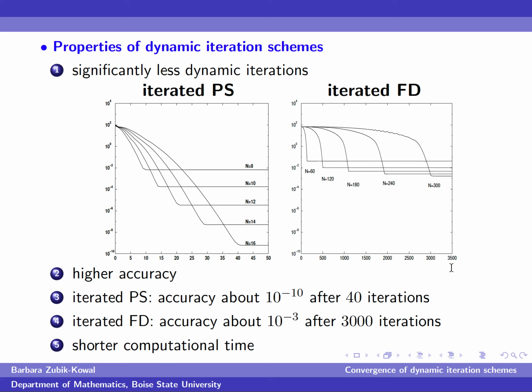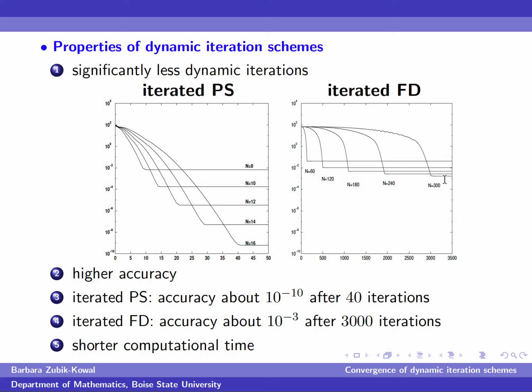3,500. And here, for example, the best accuracy from the left-hand side figure, represented by this short line segment, was obtained only after 40 iterations, and this accuracy is about 10 to the power of minus 10. While the best accuracy from the right-hand side figure is represented by this short line segment.